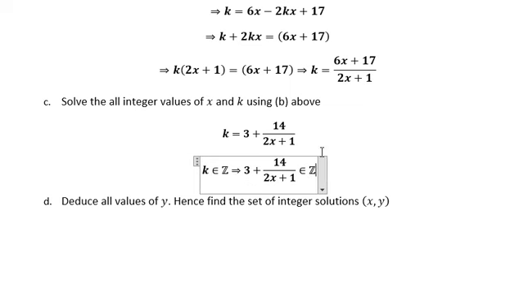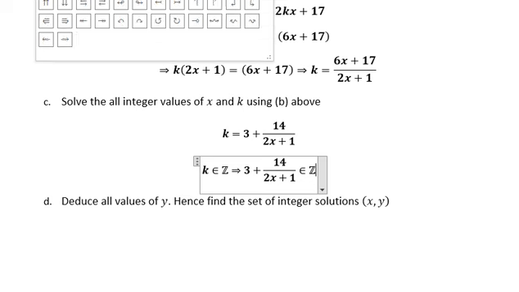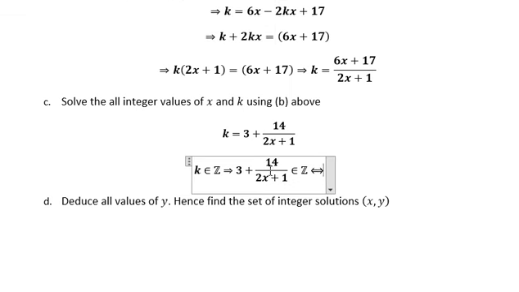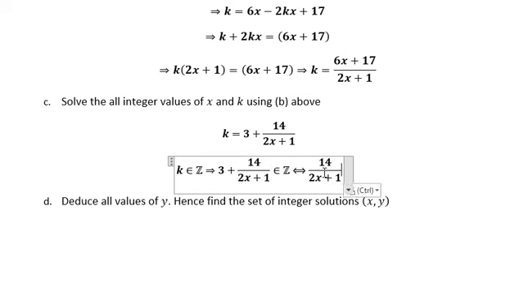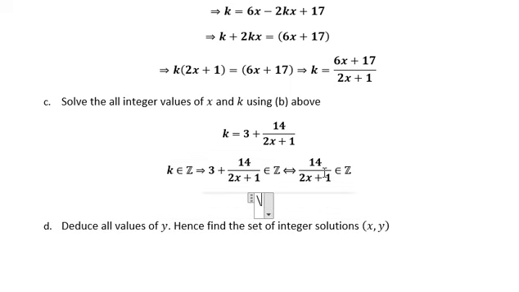It is an integer if and only if this second portion has to be an integer, because the first portion, which is 3, is already an integer. That second portion is an integer provided 2x plus 1 divides 14.